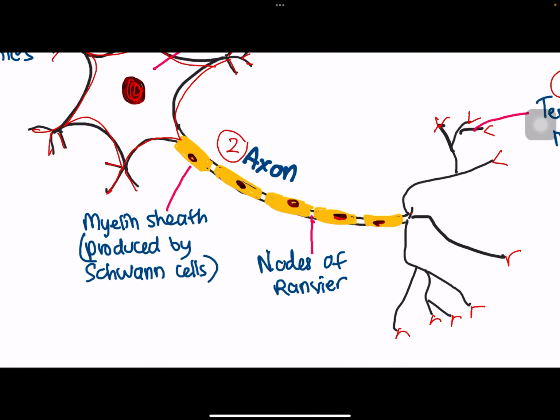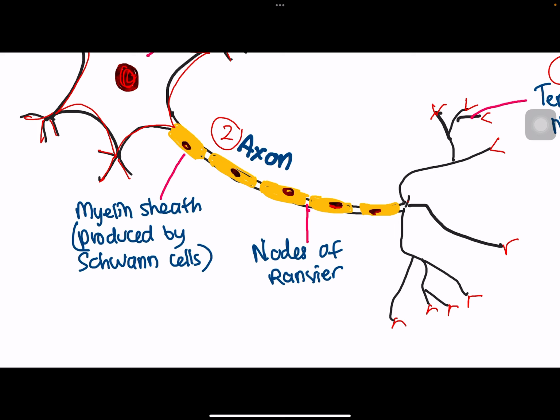Now let's have a look at the axon. The axon is the longest projection from the cell body, and it has a special structure known as the myelin sheath, which is produced by special cells known as the Schwann cells. Think about this myelin sheath as a covering of the axon.